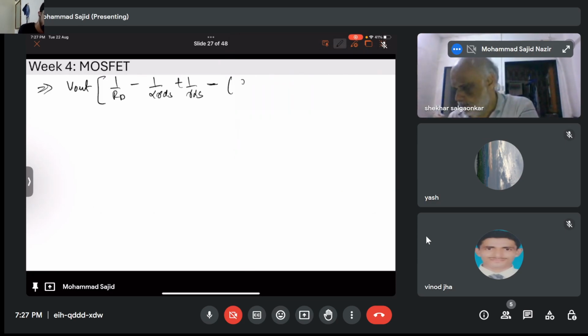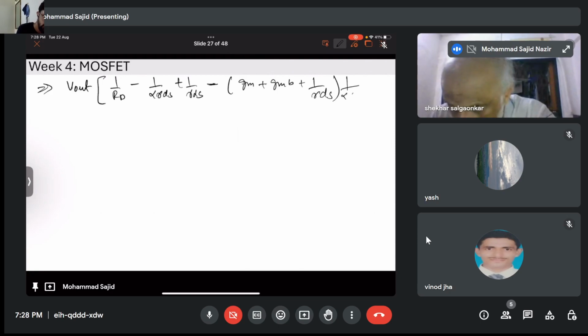Minus times GM plus GMB plus 1 by RDS multiplied by 1 by alpha RDS.